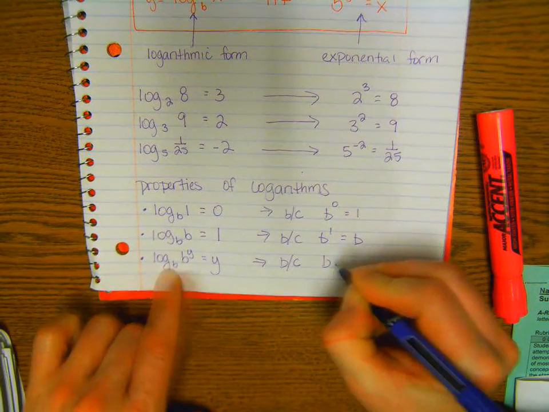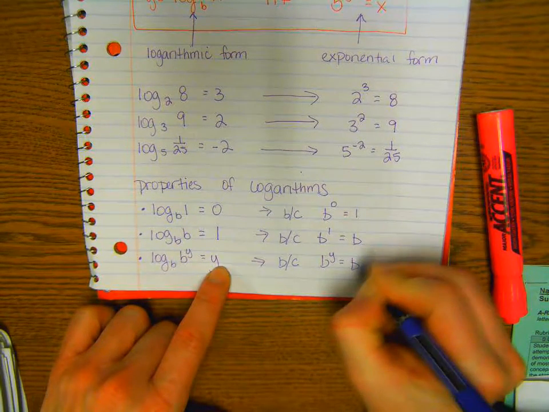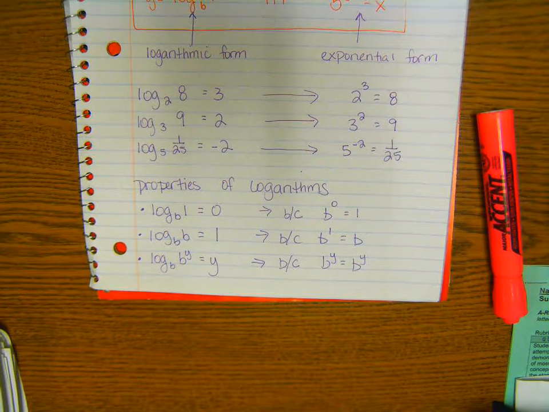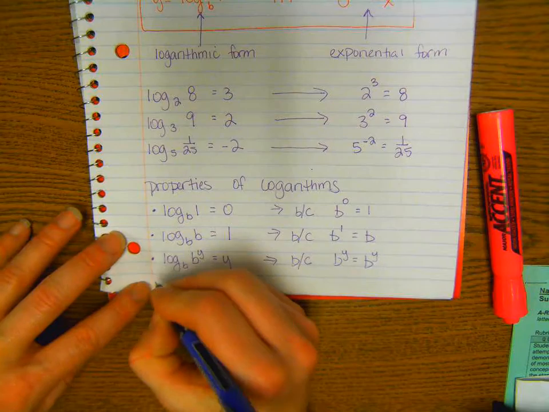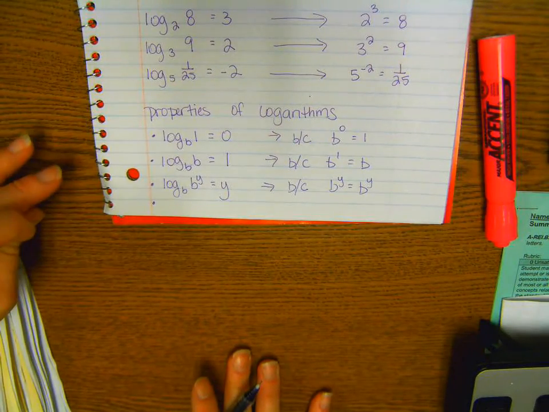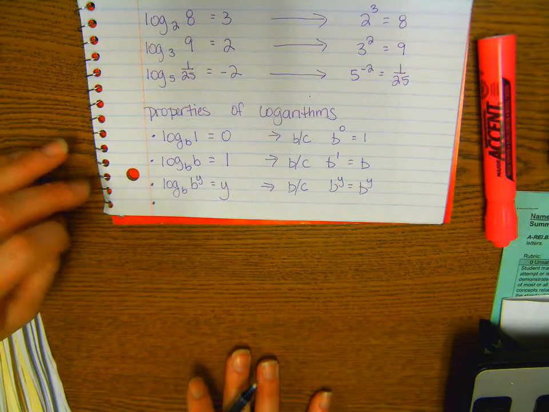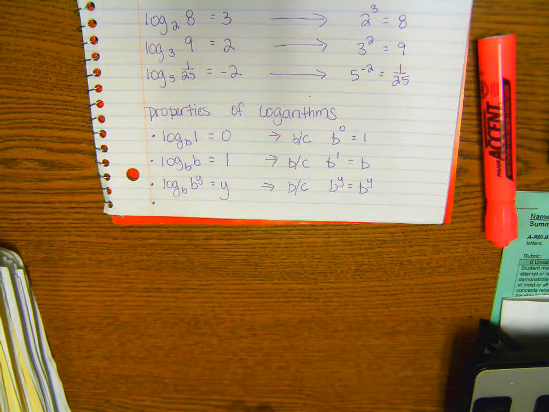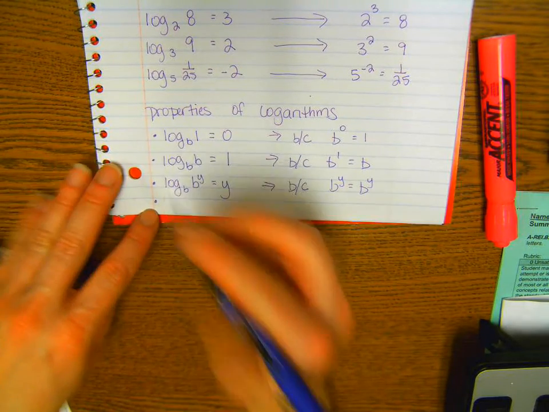Then the last one, I can squeeze it in here. The last one probably isn't going to make so much sense to you unless you think of it as an inverse. If something's an inverse, when you put it into the other function, shouldn't you get x back, or whatever the variable is? I had you do that in chapter 1. So if I said, what's b to the log base b of x?